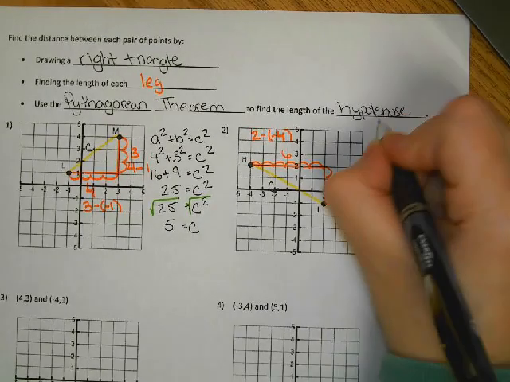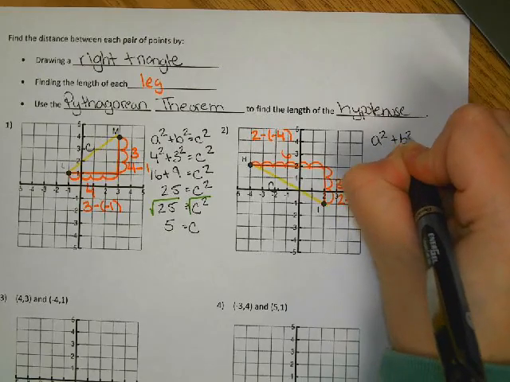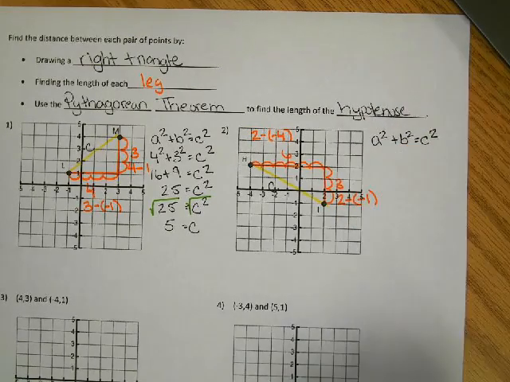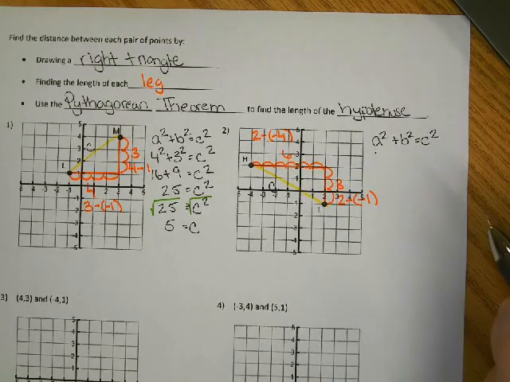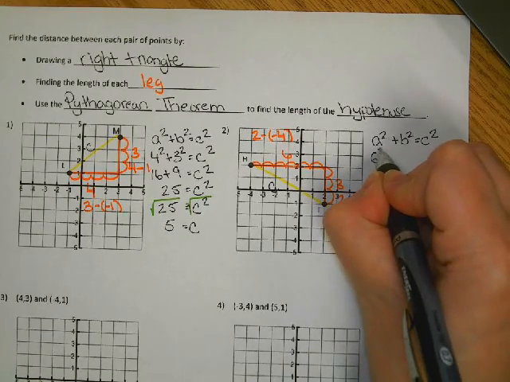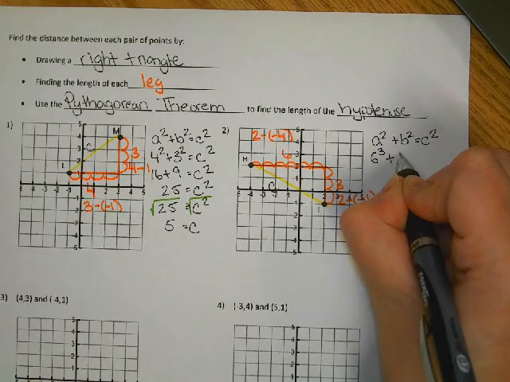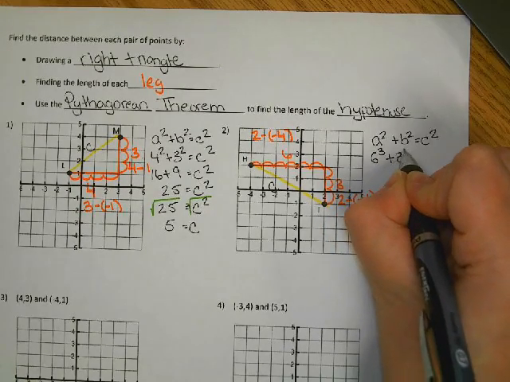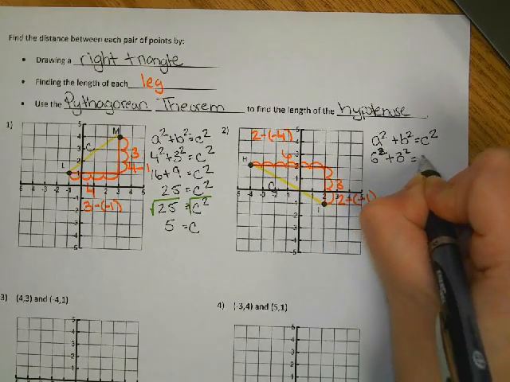So what's a? Could it have been 3? Yep. 6 squared plus, what are we going to make b? 3 squared. Squared equals c squared.